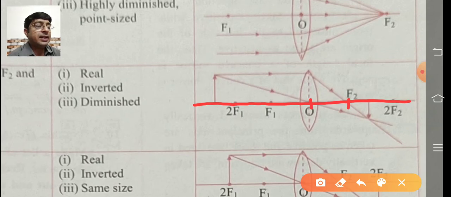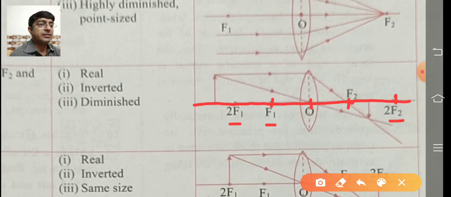On the right hand side at 3 centimeter is f2, and from f2 again 3 centimeter, plot the 2f2 point. On the left hand side, up to 3 centimeter is f1, and from f1 again measure 3 centimeter with the help of a scale and plot the point 2f1.